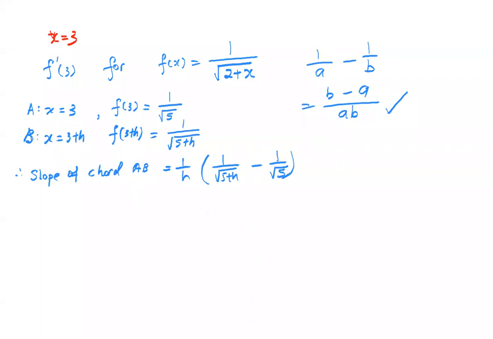You see how I prepare myself for exam? I don't follow blindly my teacher's way of doing it. I don't follow y2 minus y1 over x2 minus x1. I modify a little bit because I know that my x2 minus x1 will be h. And if I have a fraction on top and divide by something, it's going to confuse me. So I write it as 1 over h. Isn't it now so much better?